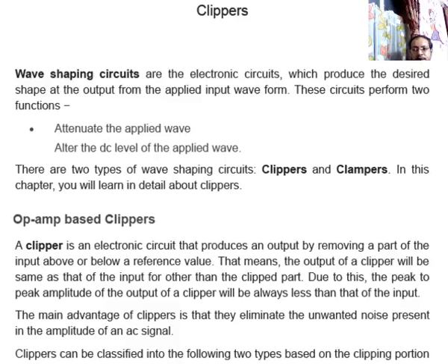So, due to this, the peak-to-peak amplitude of the output of a clipper will always be less than that of the input. The main advantage of clippers is that they eliminate the unwanted noise present in the amplitude of an AC signal.